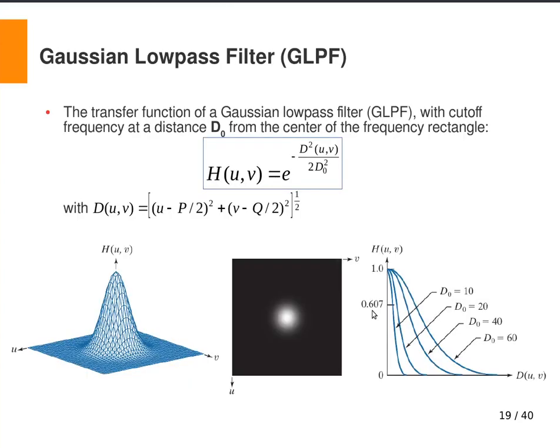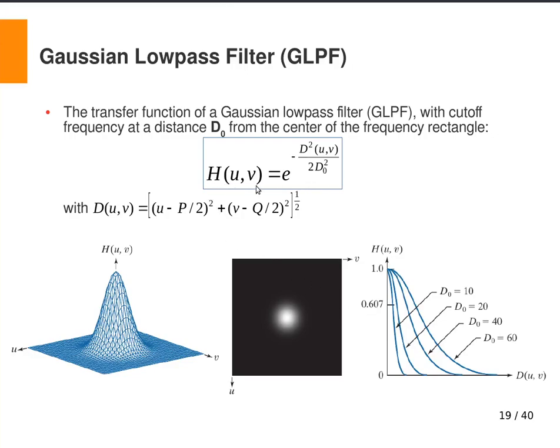So now let's see how we can eliminate these ringing artifacts. The next low pass filter that we talk about is the Gaussian low pass filter. The transfer function of a Gaussian low pass filter with cutoff frequency d0 can be shown using this exponential equation.